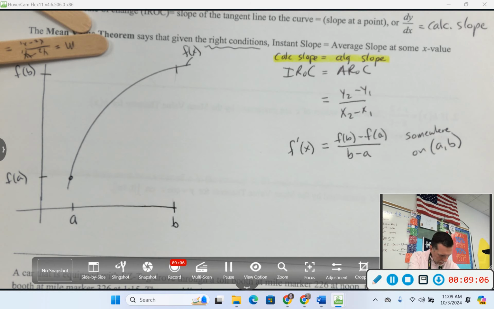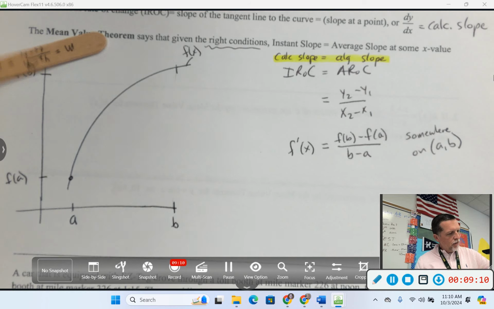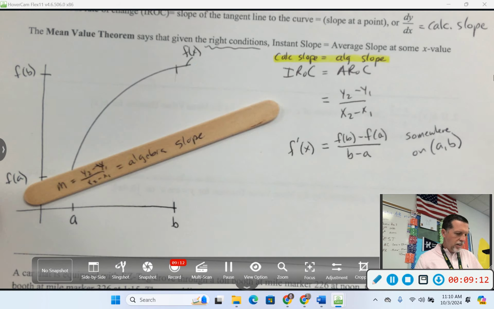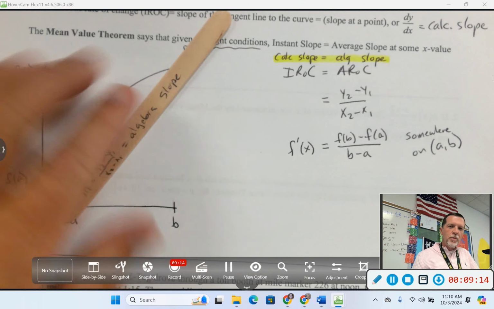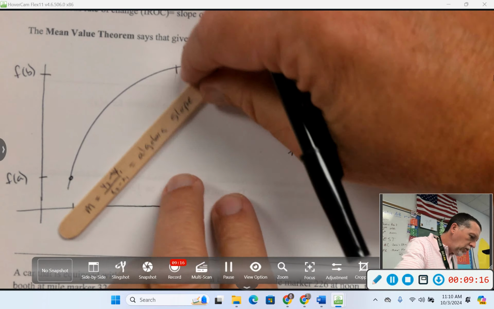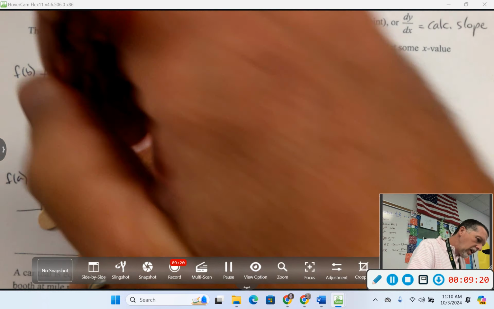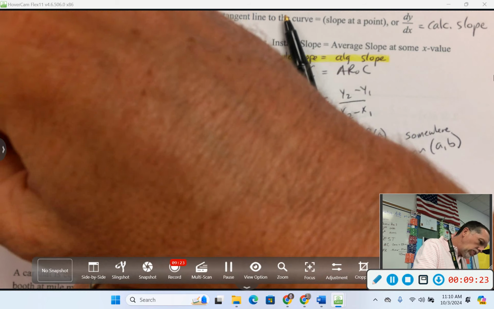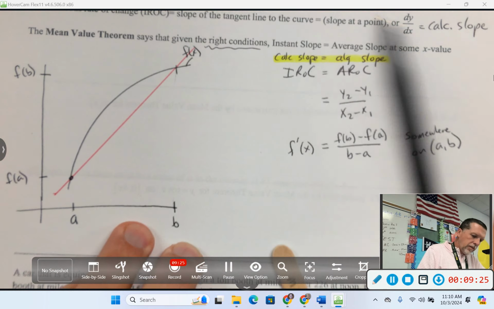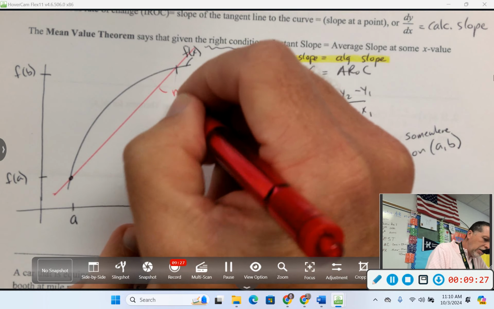I'm grabbing popsicle sticks, but not the ones you're afraid of. Different ones that I've labeled. There's my algebra slope popsicle stick. I'm just going to use that to connect the dots. All right, that's M. That's algebra slope.